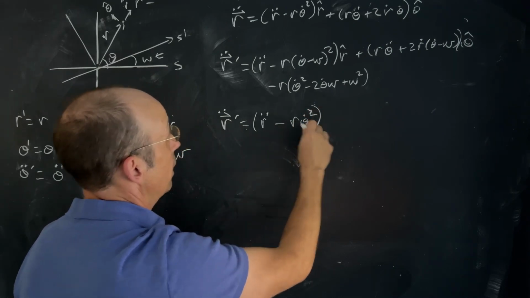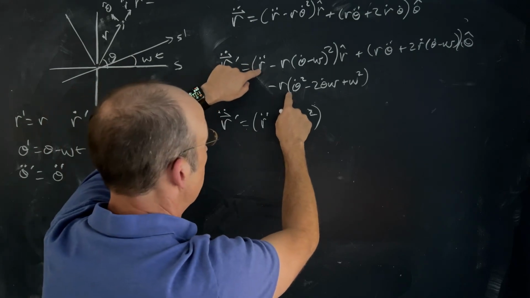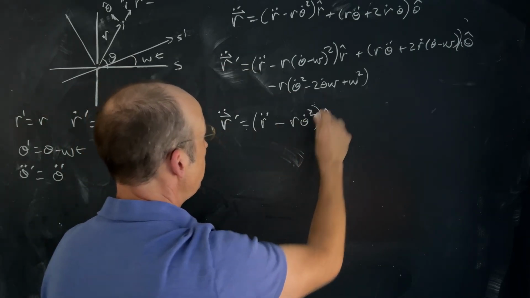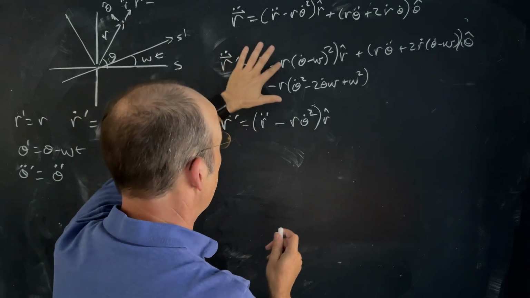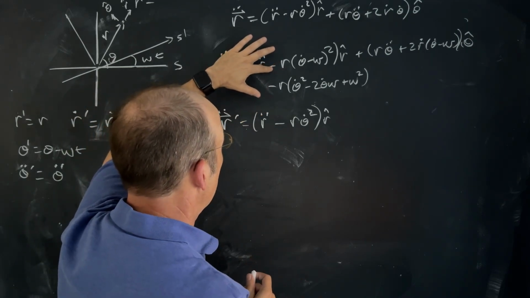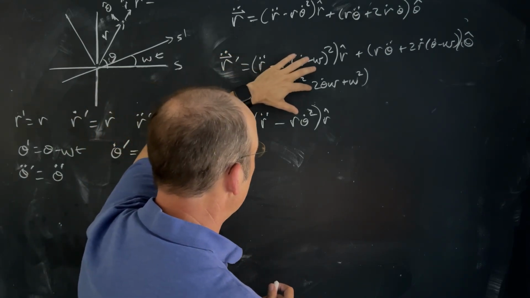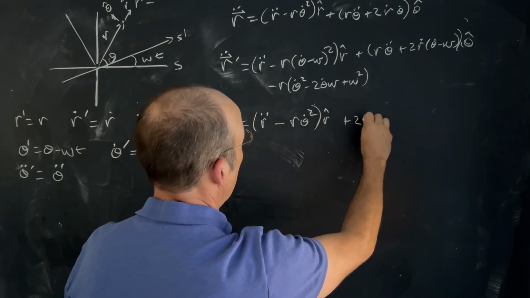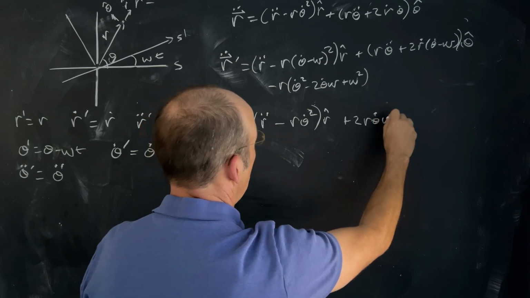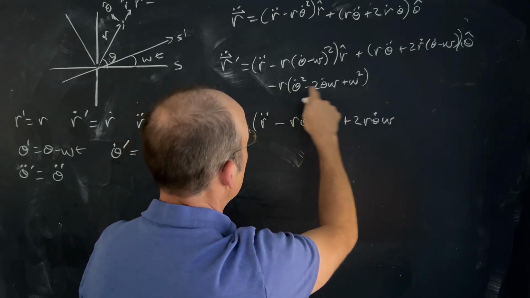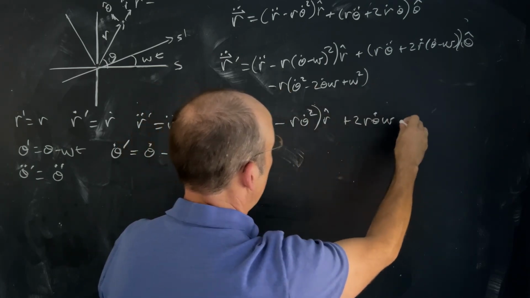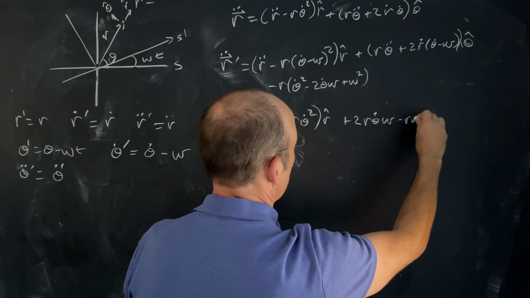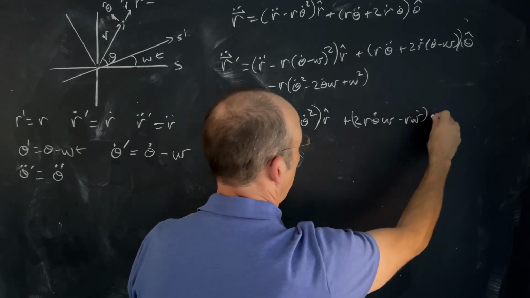I want that, so I'm going to keep that. Now I still have this other stuff, so I have plus 2 r theta dot omega, and then minus r omega squared. And those are both in the r hat direction.